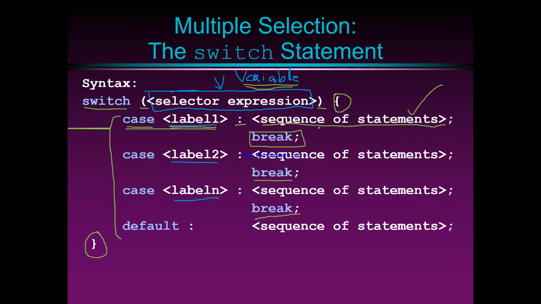After executing these statements, the execution must be stopped here, and the execution shall jump outside of the block of the switch statement. So break stops the execution and jumps outside of the block of the switch statement.